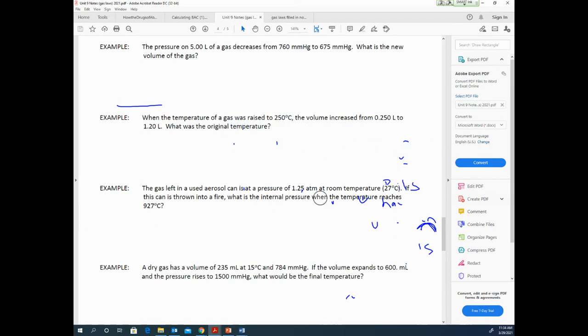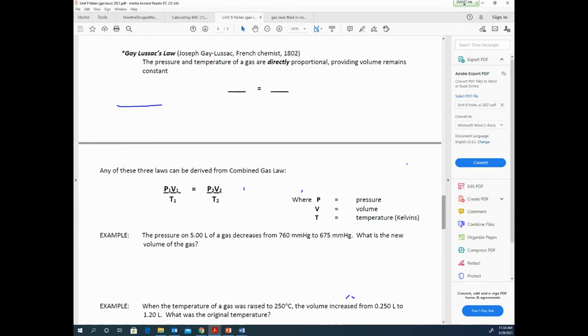Okay, erasing all this. So the formula for the combined gas law is this. This is the combined gas law where we put all the values together. P1 times V1 divided by T1 equals P2 times V2 divided by T2.